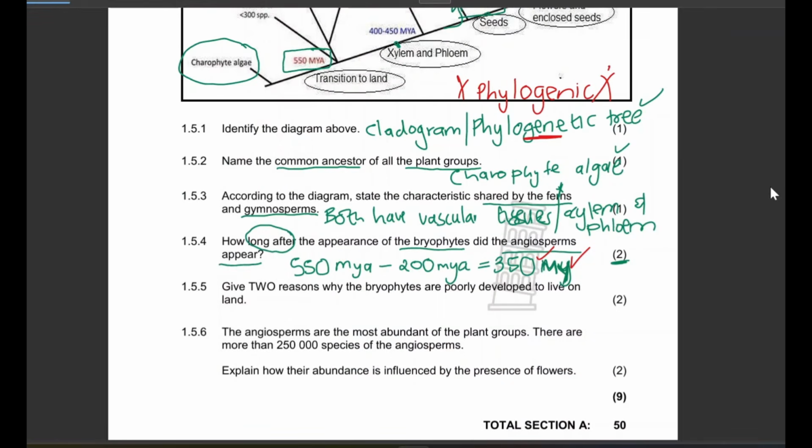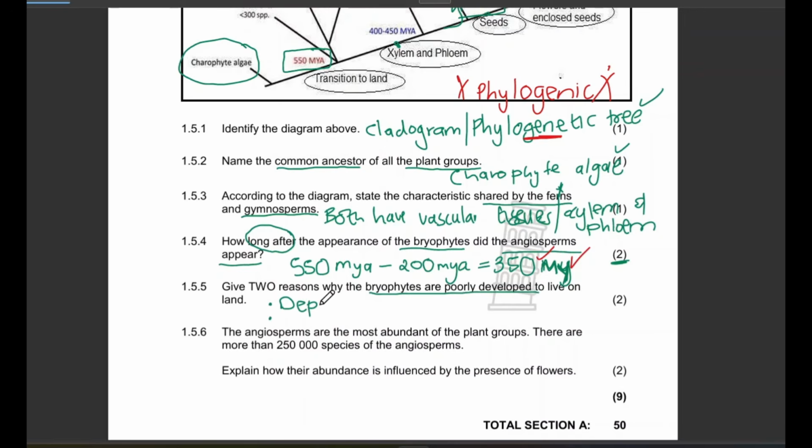1.5.5, give 2 reasons why the bryophytes are poorly developed to live on land. Why are they poorly developed to live on land? So the 2 main reasons, guys, would be that bryophytes depend on water for reproduction to take place.